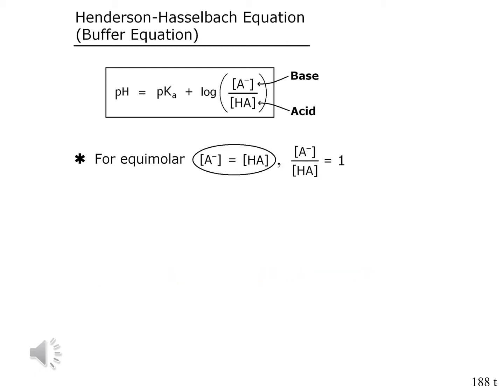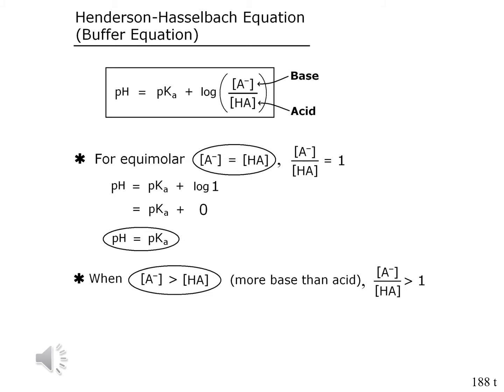If A minus and HA are equal, you are going to get a value of 1 for the ratio, same number top and bottom. And if you take the log of 1 on your calculator, it's 0 because 10 to the 0 is 1. So that means that the pH and the pKa are equal for equimolar, which we already showed in the last class. This equation is actually used when they're not equimolar for the most part.